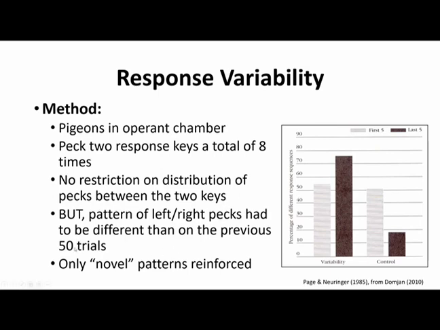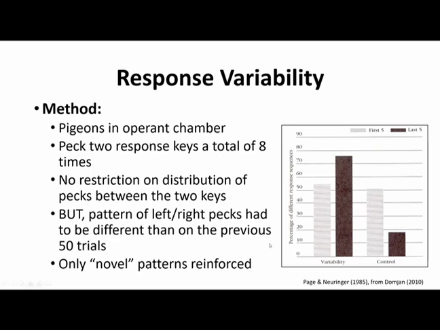So only novel patterns would be reinforced. And so at first you can peck all horizontal 8 times, then you can peck all black 8 times, but then you have to start mixing it up. Maybe you do 1 horizontal, 1 black, 1 horizontal, 1 black, back and forth until you hit 8. Somehow the pigeons had to mix it up and make new patterns to keep getting reinforced.